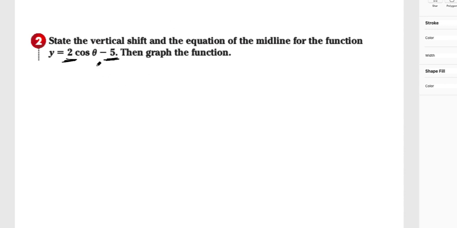And so hopefully you can see that the vertical shift of -5 is going to impact our midline. So our midline is going to be at y equals -5. All right, and since it's cosine, I'm going to grab a typical cosine function, a regular y equals cosine of theta function.